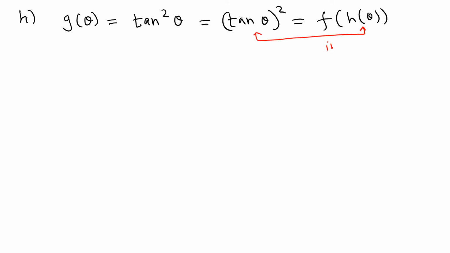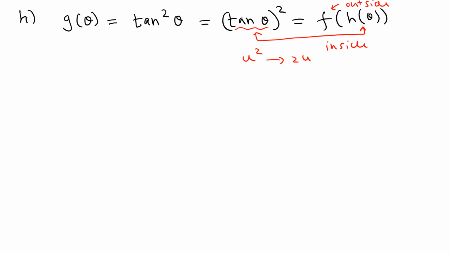So that's the inside, and f is the outside. So the outside function, if you call this u, is simply u squared. So the derivative of that is 2u. So everything is very clear now.